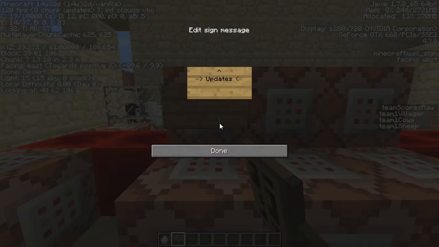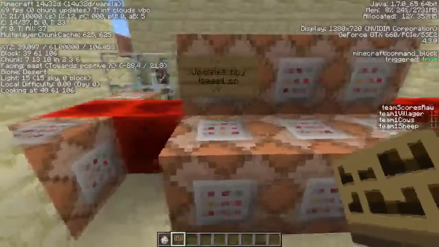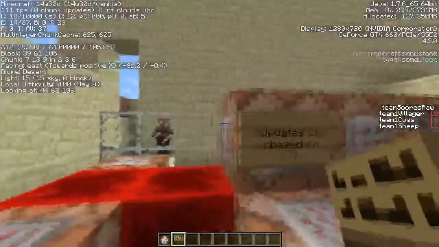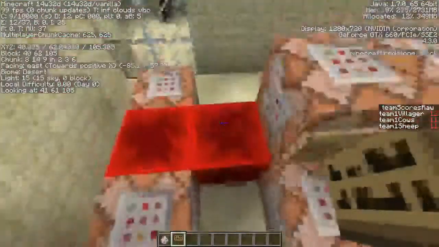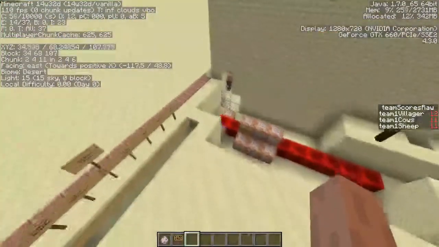Trying to think of an acronym for updates, or objective, I guess I could just go object. This updates objective based on this block. That's what that sign means. It's a useful sign for making notes.